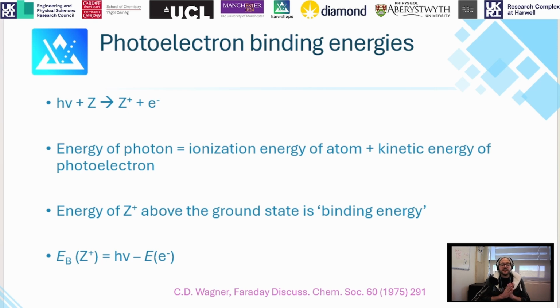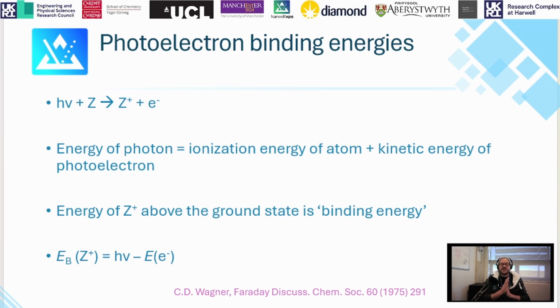Now, the energy of the incoming radiation is equal to how much energy it took for us to remove that photoelectron from the atom, and then any left over is the kinetic energy that the photoelectron has as it's been removed from the atom. Now, this is the basic principle behind XPS.